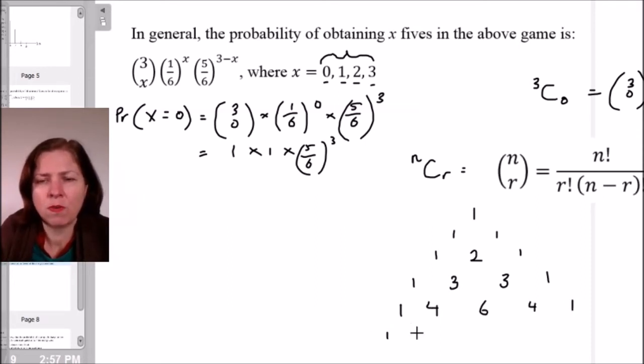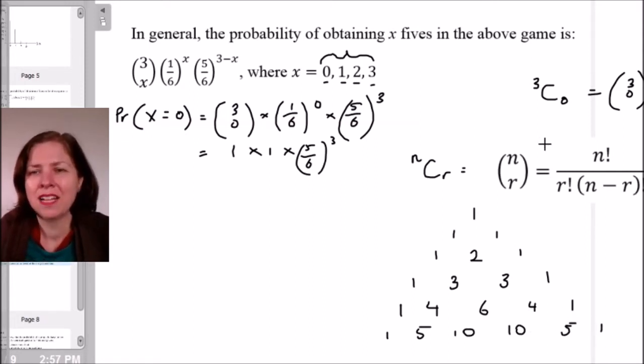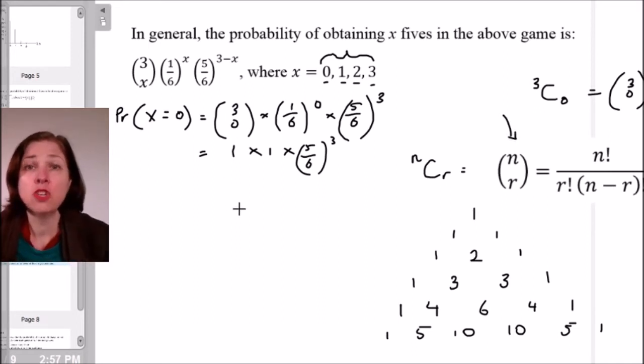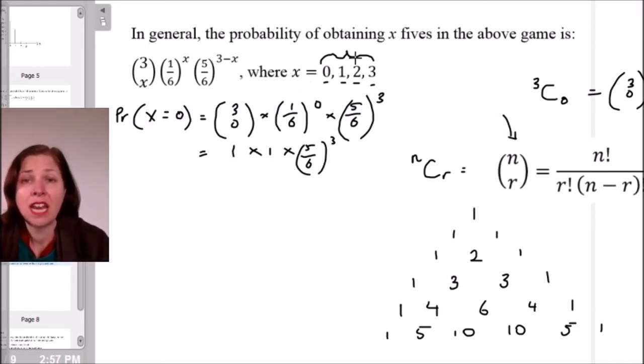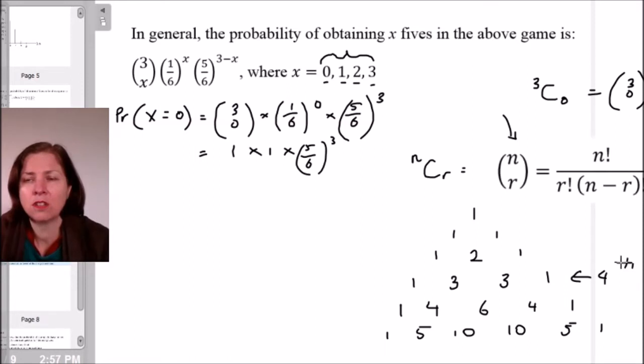And my next row would be 1, 5, 10, 10, 5, 1. This can be a quicker way to work out your coefficient. Use Pascal's triangle, and however many outcomes you've got, that's the row you need. I'm up to the 4th row, so I needed the row with 4 items in it.